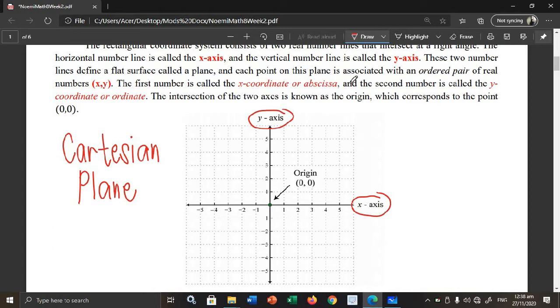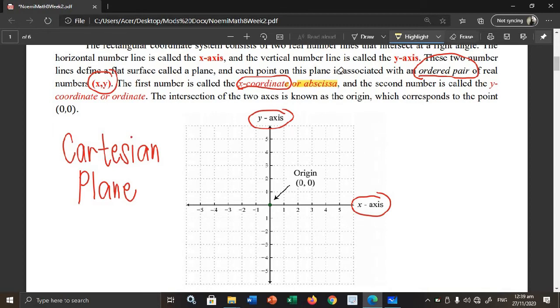Each point in this plane is associated with an ordered pair. We will talk about the ordered pair later. Malalaman nyo kung ano yung ordered pair of real numbers, which is represented by these two variables, x and y. The first number, which is x, is called the x-coordinate, or mas kilala din siya sa tawag na abscissa.